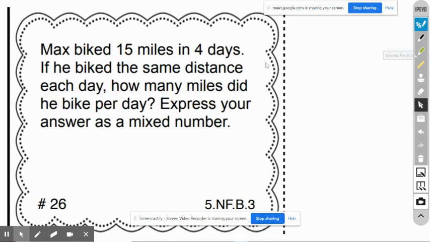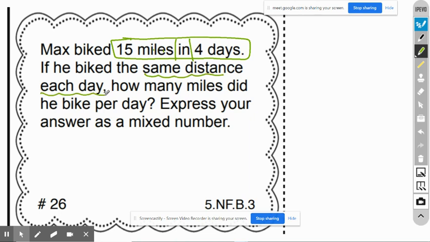Let's see this one. Max biked 15 miles in 4 days. If he biked the same distance each day, how many miles did he bike per day or each day?